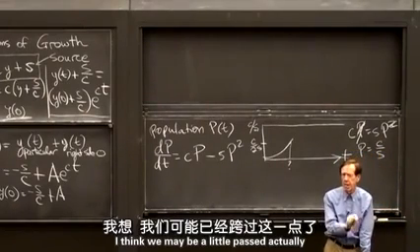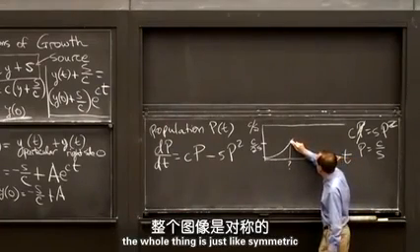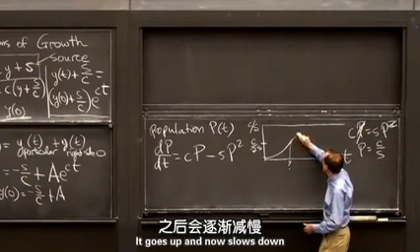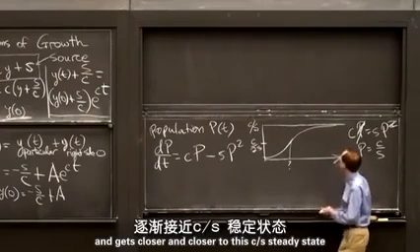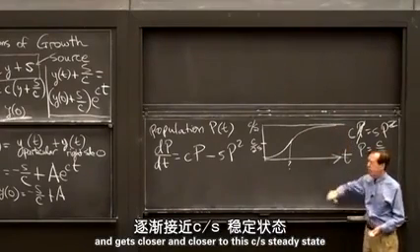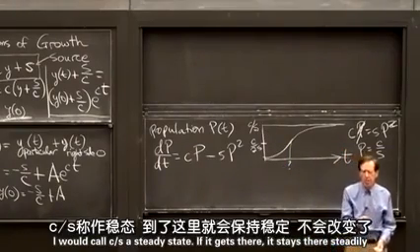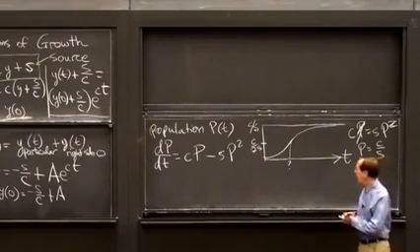I think we may be a little past it, actually. And after that point, the whole thing is symmetric. It's S-shaped. It goes up and now slows down and gets closer and closer to this C over S steady state. I would call C over S a steady state. If it gets there, it stays there steadily.